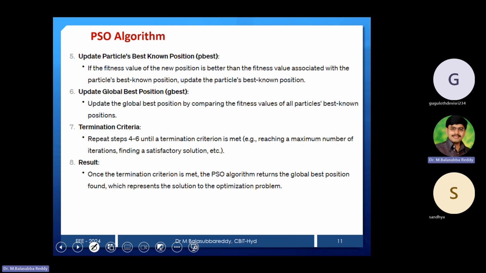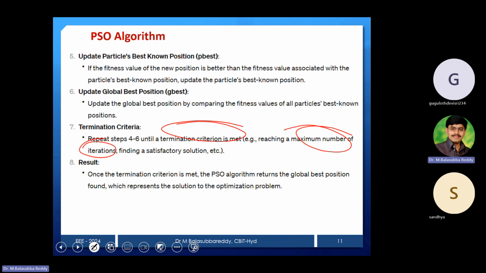Once that is reached, repeat steps 4 to 6 until the termination criteria is met. Termination criteria is nothing but a maximum number of iterations, or finding a satisfactory solution. Suppose we fix 100 as the maximum number of iterations, you can repeat that. And then results.